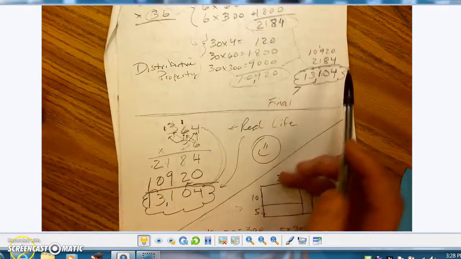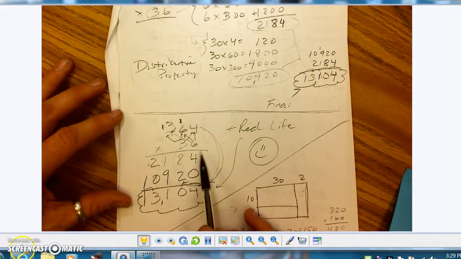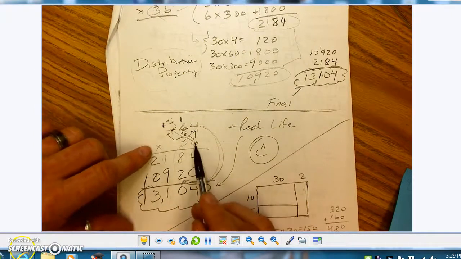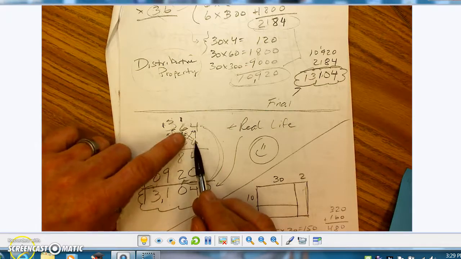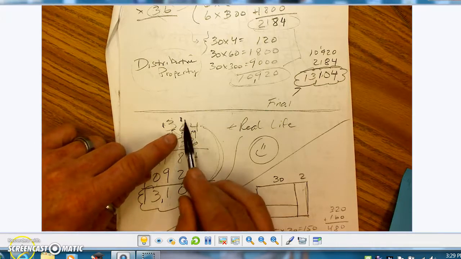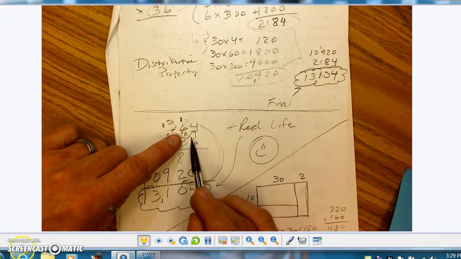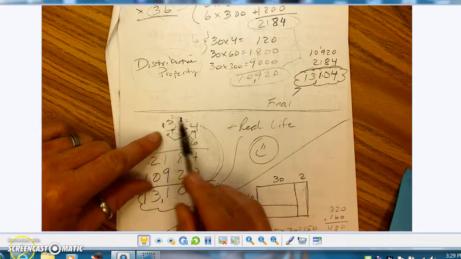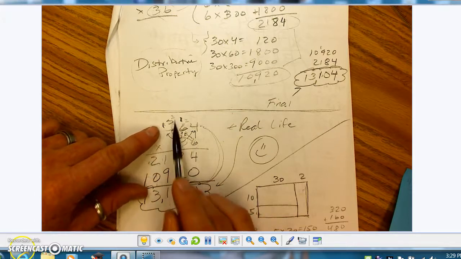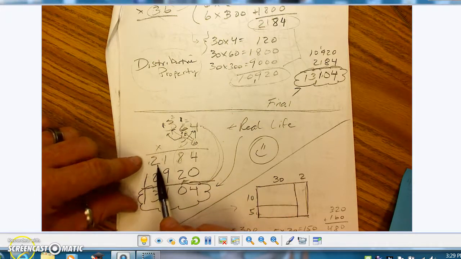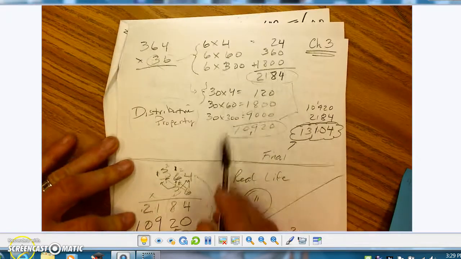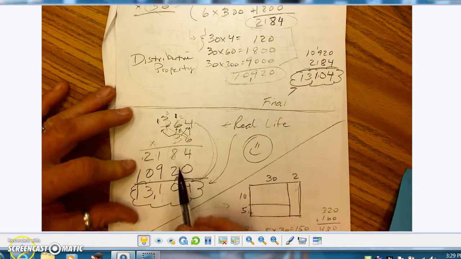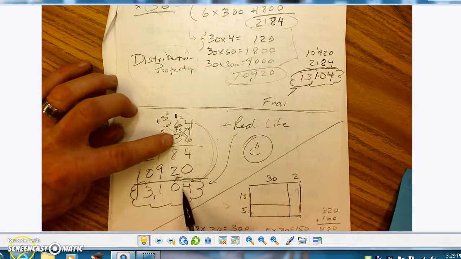I would like to say that this is more real life down here. Let's say we were doing 364 times 36. You just do the 6 times the 4, which is 24. So you put a 4, carry a 2. 6 times 6 is 36, plus the 2 that you carried, so 38. Carry the 3. 6 times 3 is 18, plus 3 is 21. And so there's that 2184 that I had earlier. Okay, so now I'm going to do the 3 here, which is 30.